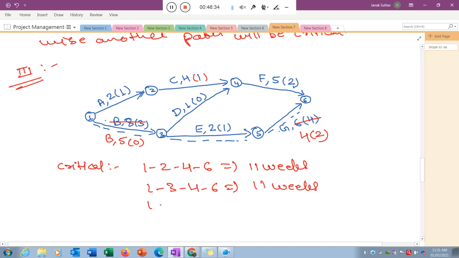And the next one, 1 3 5 6, the path length is 5 plus 2 plus 4 is equal to 11 weeks. So now all three paths are critical.